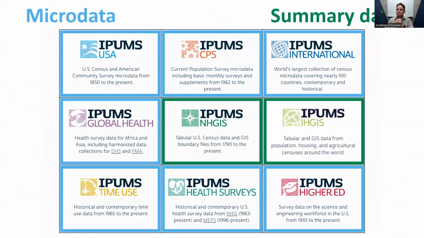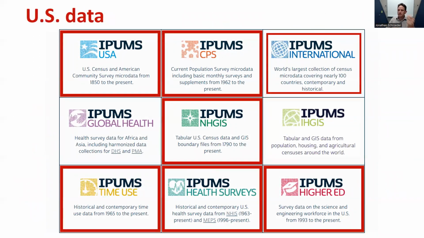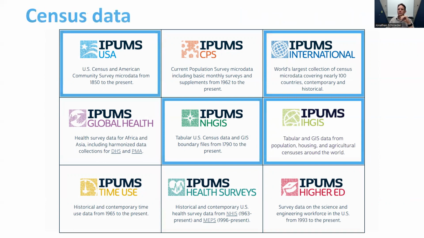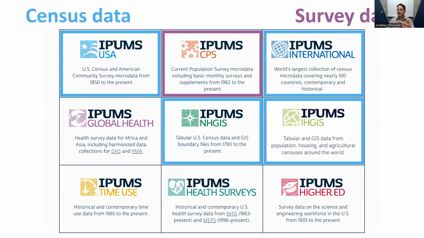So we talked about the difference between microdata and summary data. We also have both US data and international data. We have both census data and various types of survey data. The current population survey is actually operated by the Census Bureau, but it is a sample of the population.